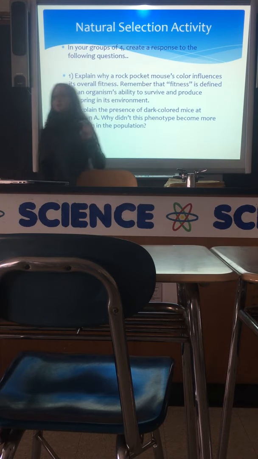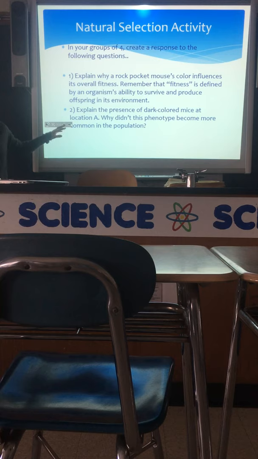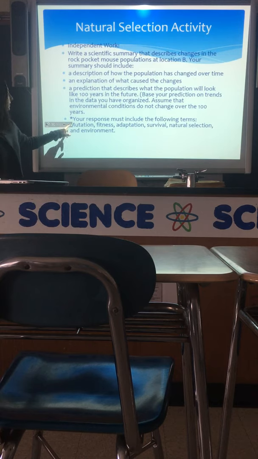And then there's these questions. This is on your sheet as well. I'm not really going to talk about this right now. I just want to get to, this is then your independent work. So you're going to write a summary answering the question of describing how changes in the rock pocket mouse populations at location B, so describe it through the pictures that you have, a description of how the population changes over time, what caused the changes, and a prediction of what the population will look like 100 years in the future, okay?